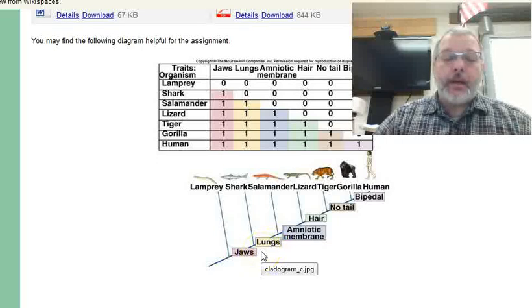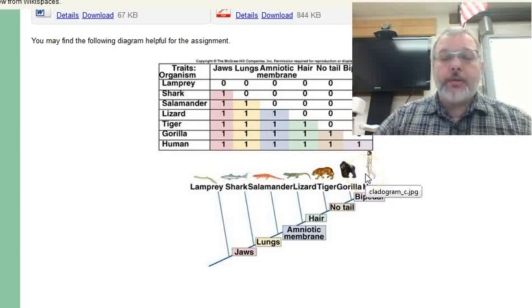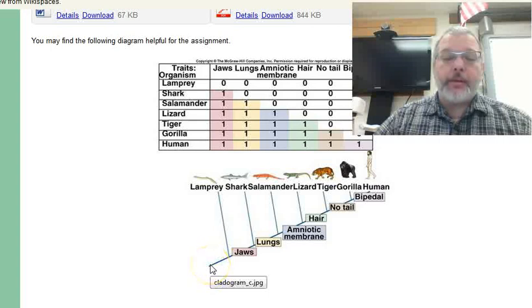And then you can see here we have a lamprey, a shark, a salamander, a lizard, a tiger, a gorilla, and then a human. And there are characteristics that every single one of these organisms share. Okay? So using phylogeny, we would say, right back here, before all these changes, is a common ancestor of all these.